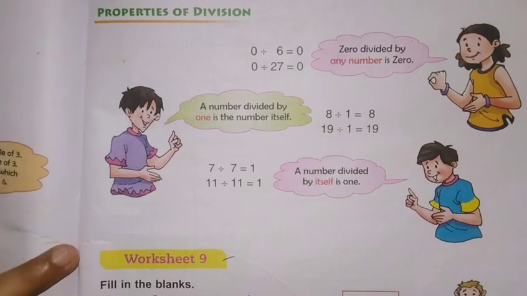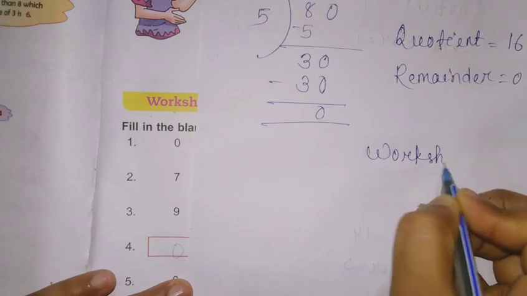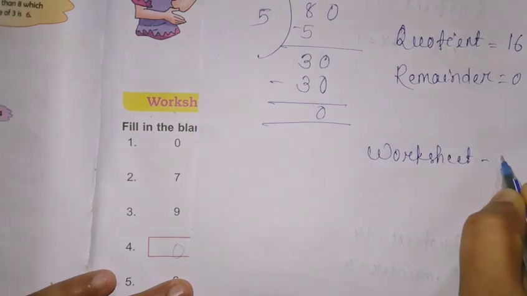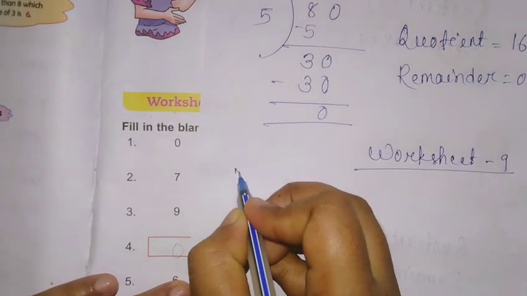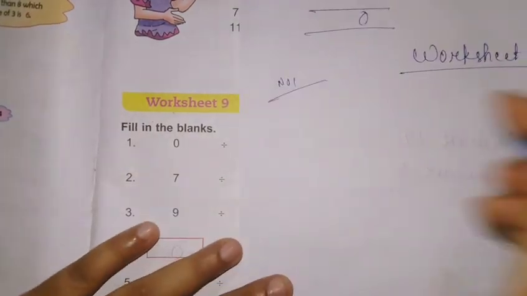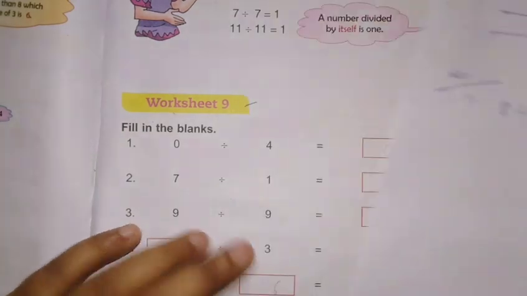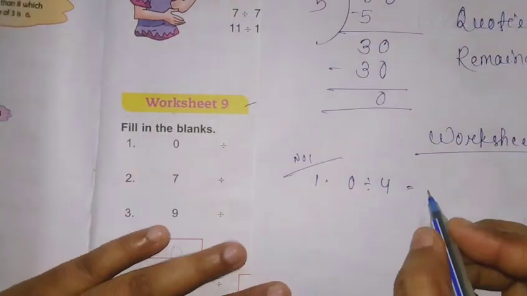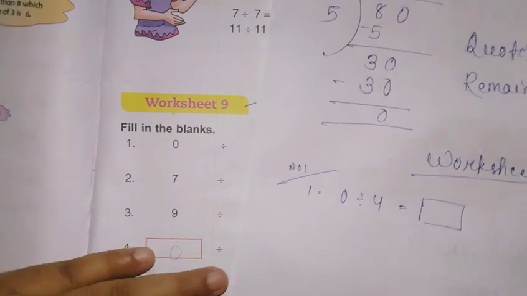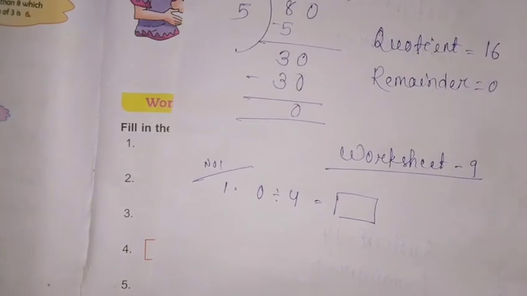Now discuss worksheet 9. Question number 1. Fill in the blanks. 0 divided by 4 equals dash. 0 divided by any number is 0.